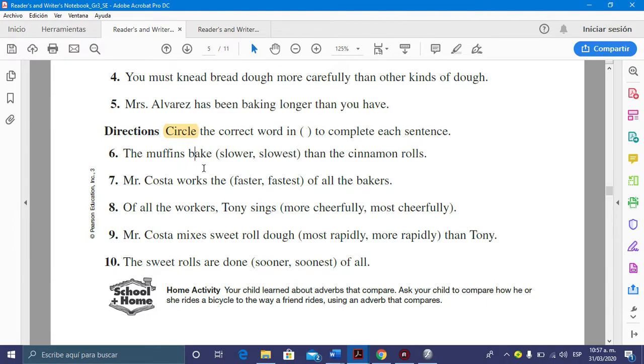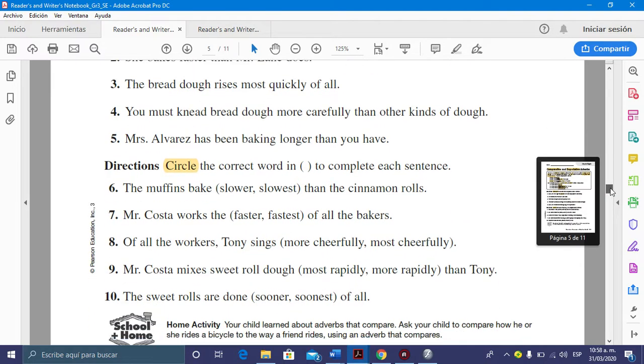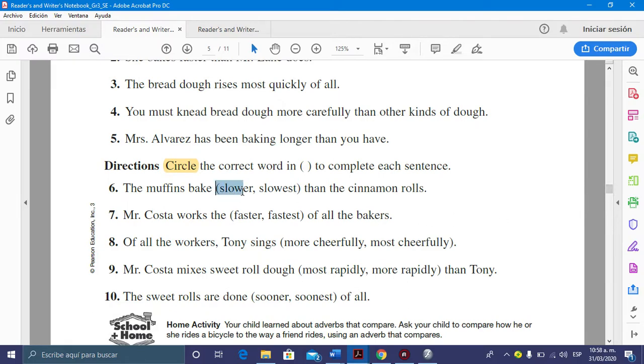We are comparing two things, and when we compare two things, we use comparative. What is the answer? Slower or slowest? For comparative we use er. So the correct answer is slower.